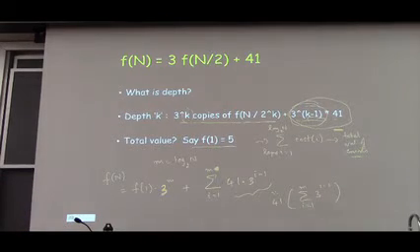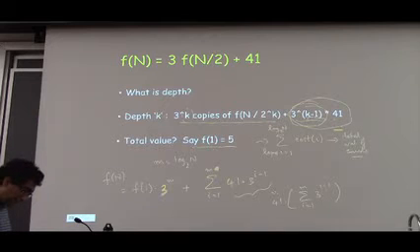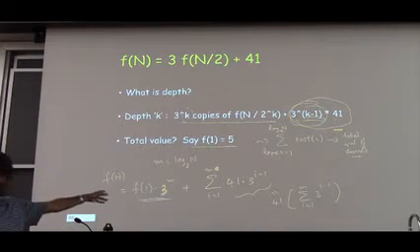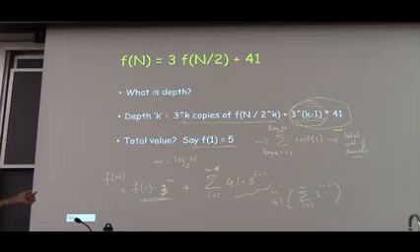This is just a geometric summation, like 1 plus 3 plus 3 squared up to 3 to the m minus 1. And this one is again f of 1 times 3 to the m.